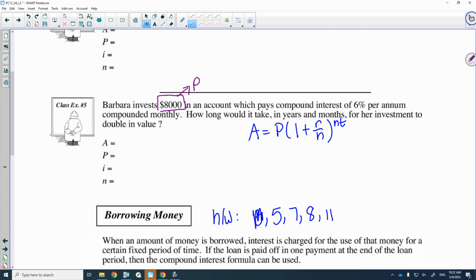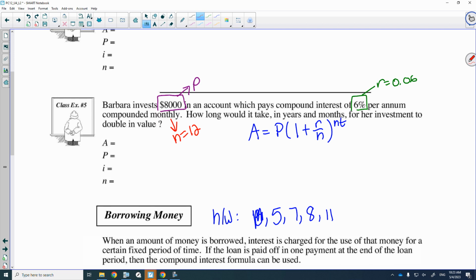Account which pays compound interest 6% per annum. So my rate is that, compounded monthly. What would N be for this one? 12. How long would it take in years and months for her investment to double in value?